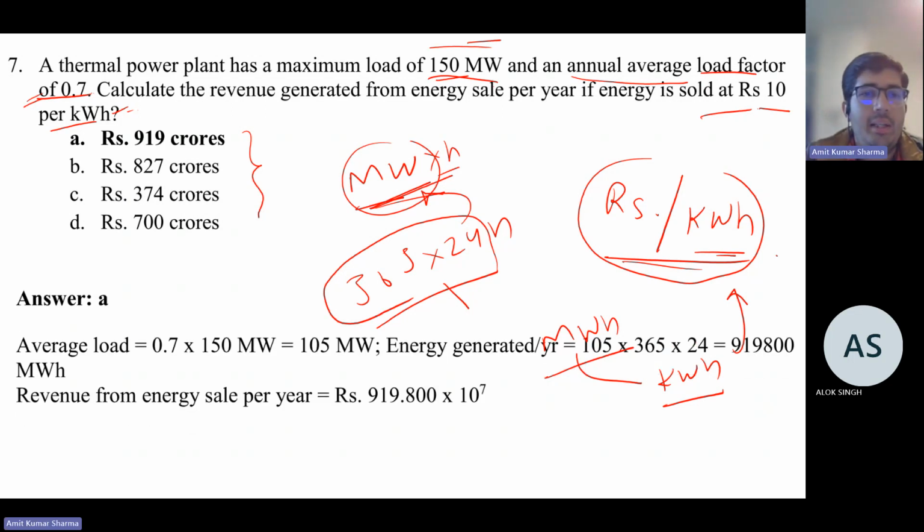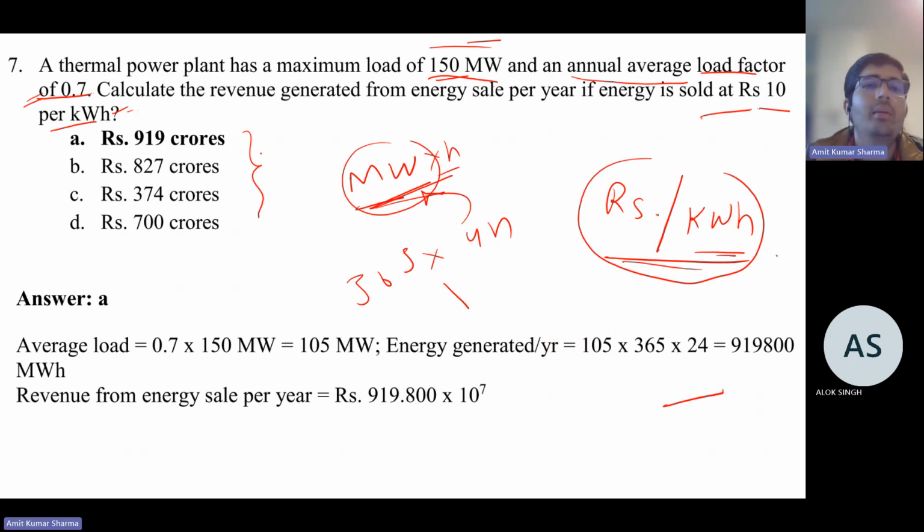So basically, in this question, you are given 150 megawatt of annual demand with a load factor of 0.7. So the load factor tells us what will be the average load, because as we have already discussed in our previous class, during the morning time the energy demand is very high, and during the night time, because everyone is sleeping, the energy demand is very low.